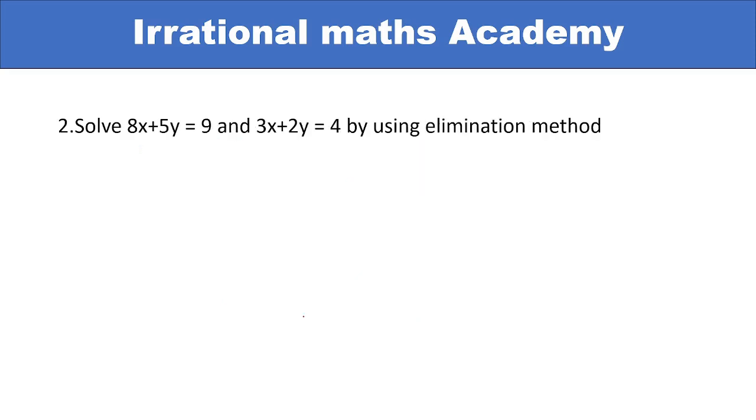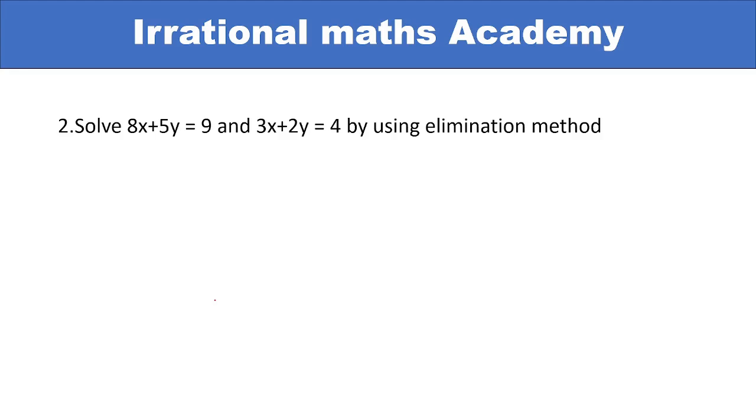Solve 8x plus 5y equal to 9 and 3x plus 2y equal to 4 by using the elimination method. Whenever you want to eliminate any variable, either x or y, first make the coefficients the same.